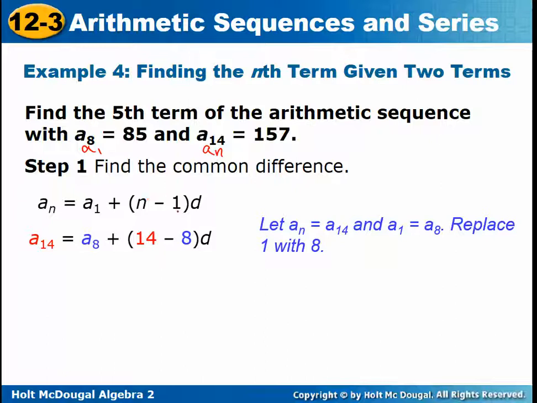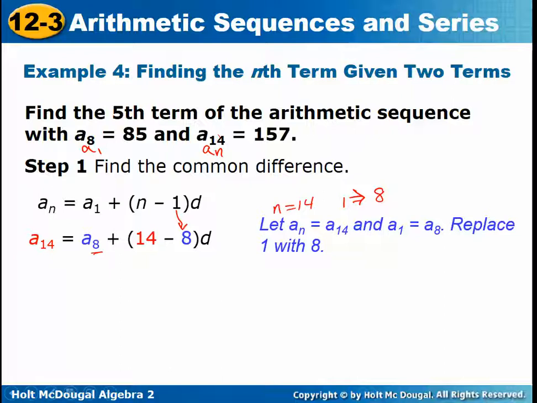So I have to replace this with 8, which matches this 8. I'm going to use n as 14 because it's the 14th term that I'm using here. So n is going to be 14. Instead of 1, I'm changing that to 8 because I'm starting with the 8th term. And then, is there anything else I need to fill in? I think we got the rest.